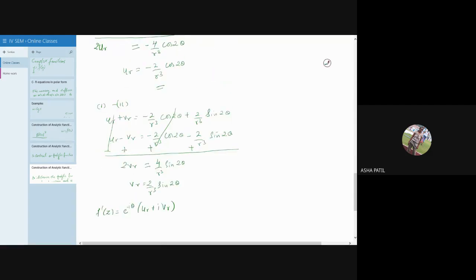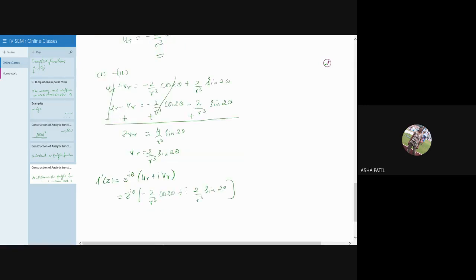Let us substitute UR and VR. e raised to minus i theta, UR means it is 2 by r cube into cos 2 theta plus i VR, means 2 by r cube into sine 2 theta.